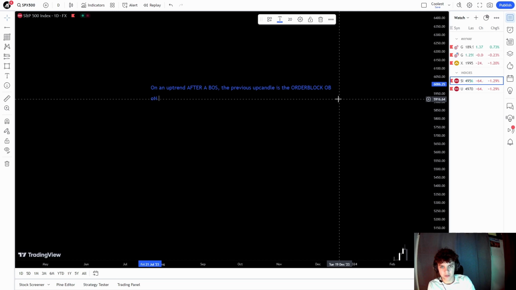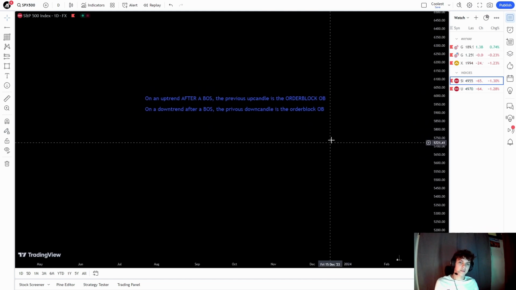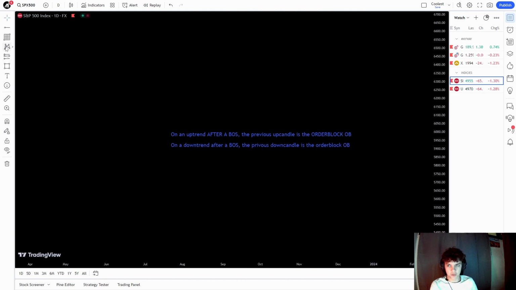On a downtrend, after a break of structure, the previous down candle is the order block, OB. Just like the uptrend.